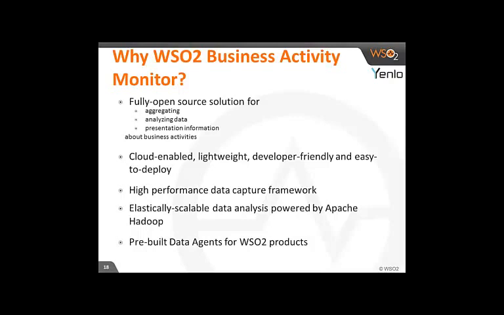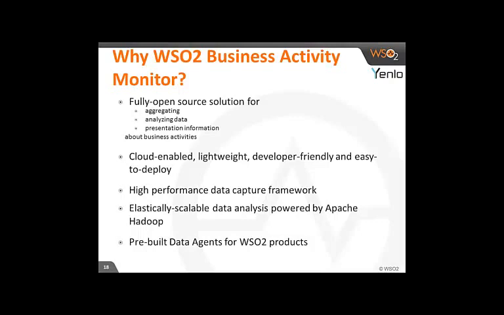Moreover, you have seen in the student registration process that all the events are related to one activity. Basically, if one student comes and registers into the system, that entire process is one activity. And a lot of events are generated when it reaches each and every component in the student registration system. So we have to collect all these events first to analyze them. This event collecting part is the first component in activity monitoring.